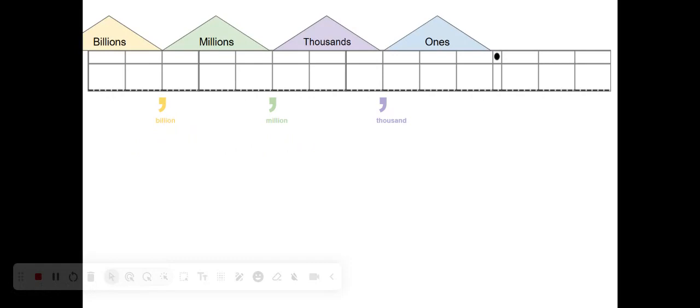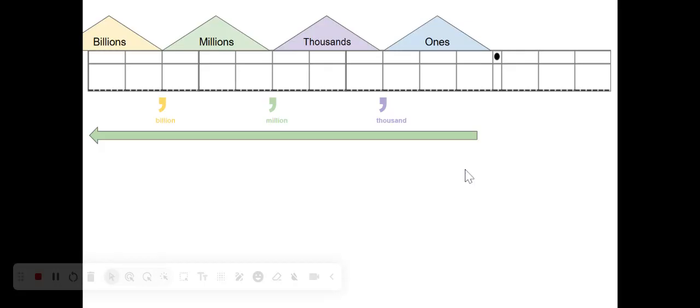Something else, another punctuation that we have when we are writing large numbers, is a decimal point. And the decimal point is always, always, always going to go right after the ones. And that is because everything that is on the left of the decimal point is going to get larger, larger, larger, multiplying by 10 each time, and our amount is going to get very big and greater as it moves this way.